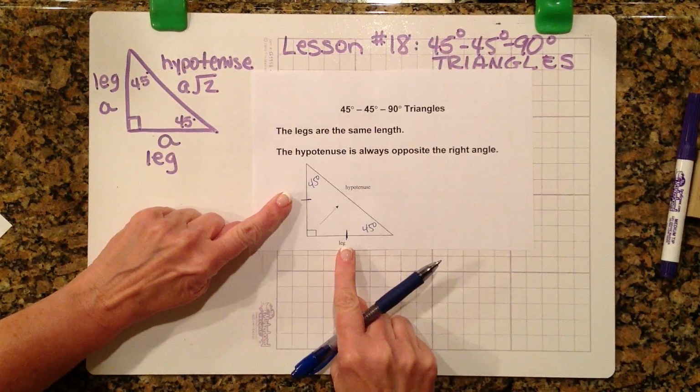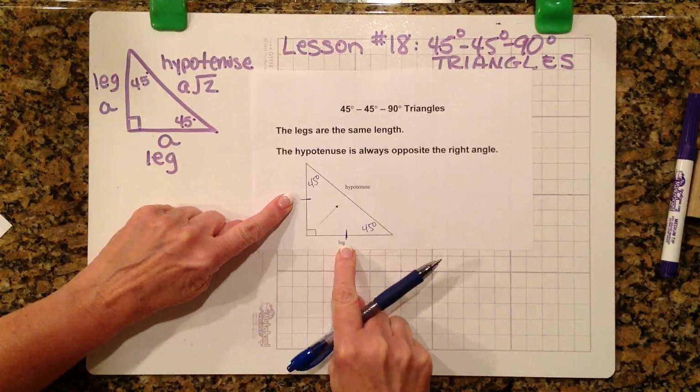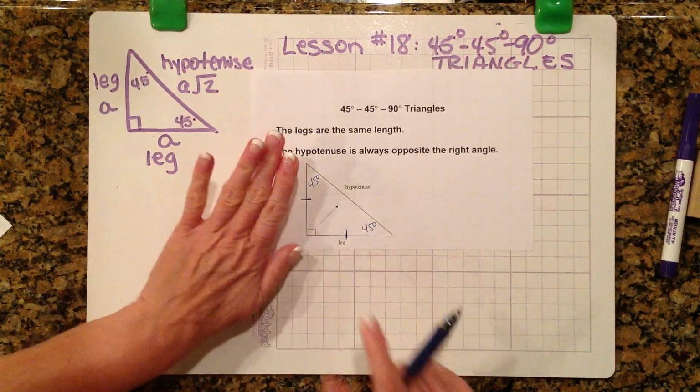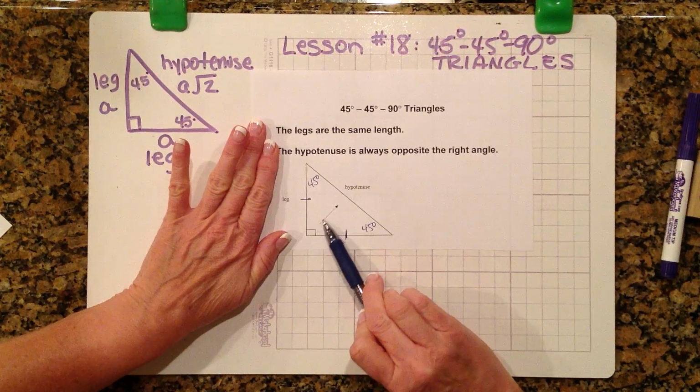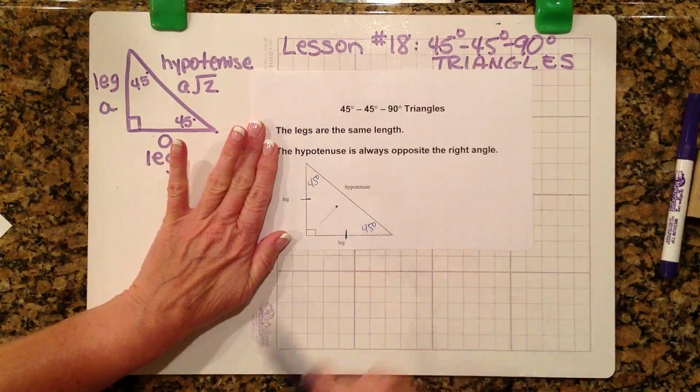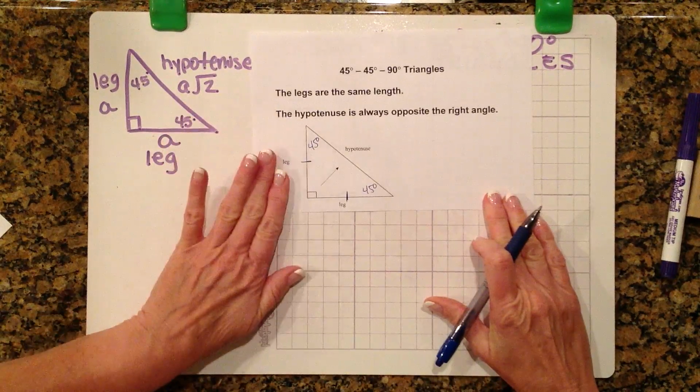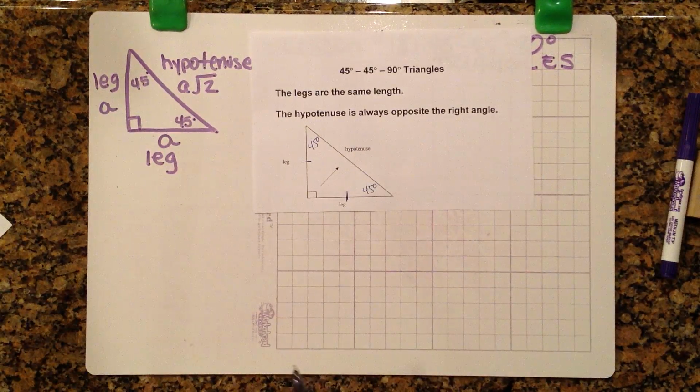So your legs are going to be the same length in a 45, 45, 90, always. And your hypotenuse is, remember, always opposite the right angle. So that is the setup for the 45, 45, 90.